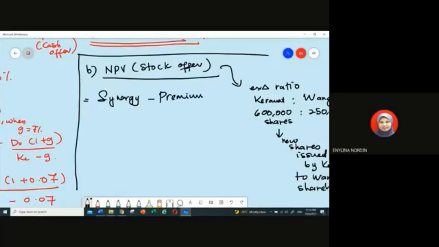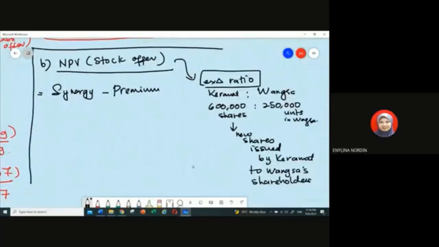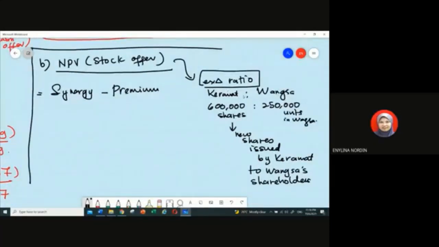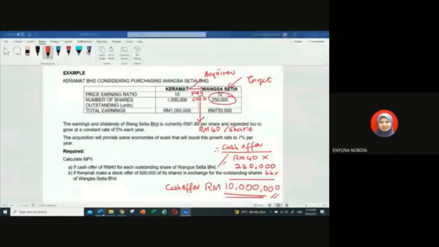But before that, we need to know the exchange ratio, meaning how many shares Keramat Berhad is going to offer to Wangsa Setia's shareholders. From the question, Keramat is going to offer 600,000 shares in total for 250,000 shares in Wangsa Setia.